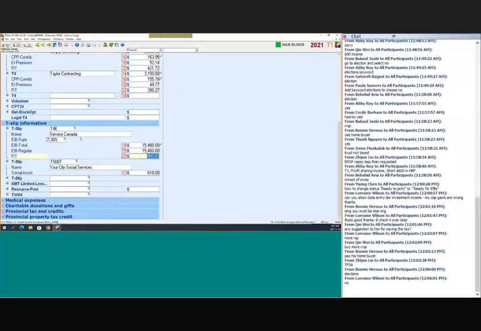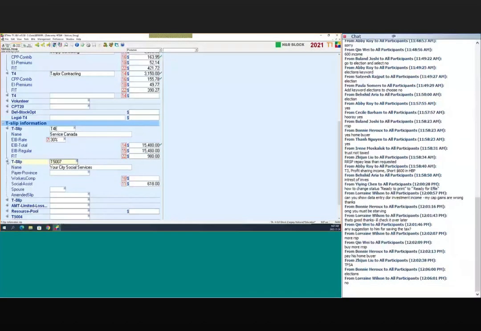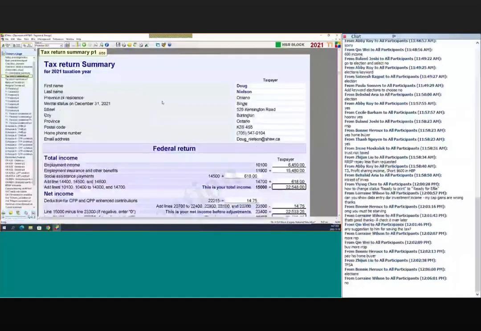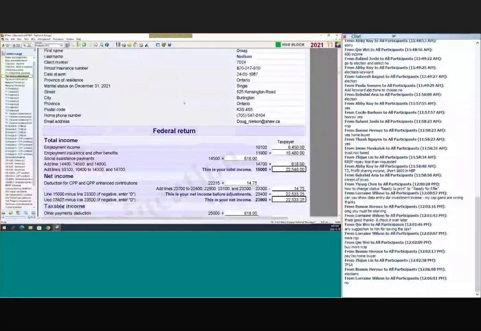So that's the data entry for the T4E, and then we have the data entry for the T5007, and in box 11, we're going to have to put in $618. So that's basically the data entry for Mr. Nielsen. So now he wants a big refund. Drum roll, please. Let's go to his tax return summary.